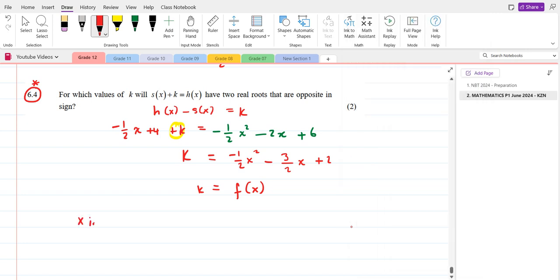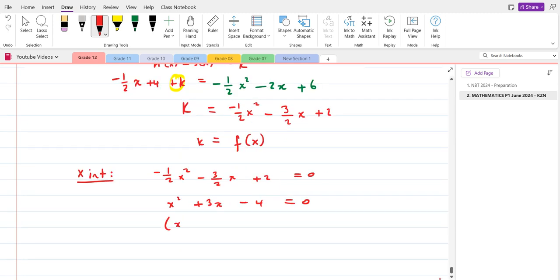So what's the x-intercept for this? Minus half x squared minus 3 over 2x plus 2 is equal to 0. So I'm going to multiply everything by negative 2. So I've got x squared plus 3x minus 4 is equal to 0. If I solve this, x minus 4 and x plus 1.